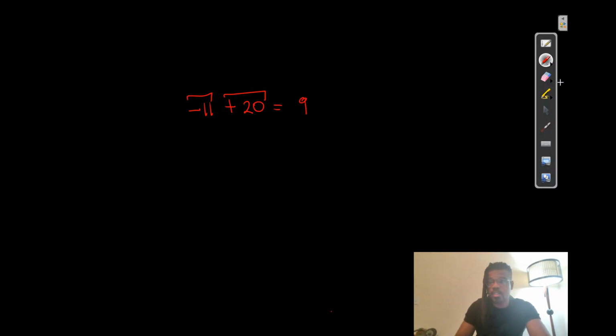Once again, let's slow it down for anybody that didn't catch it. Once you have a negative, you say I owe. Once you have a positive, you say that you have. Then you apply logic. You owe 11 and you have 20. Can you pay off how much you owe? Yes. Once you say yes, the number is going to be positive.